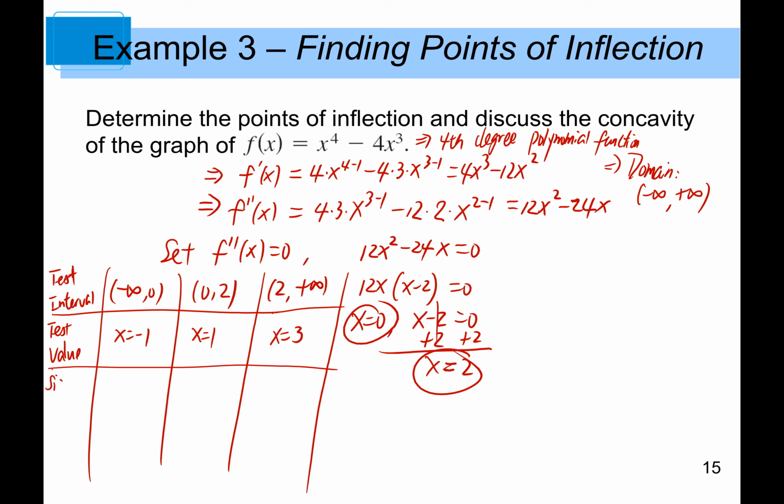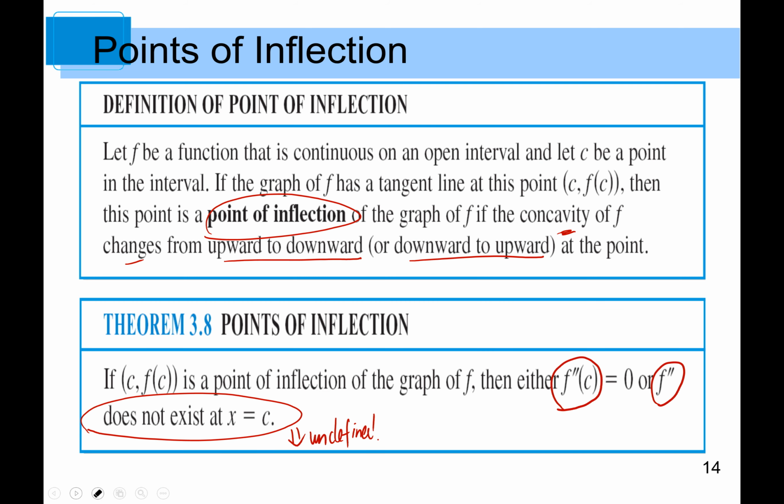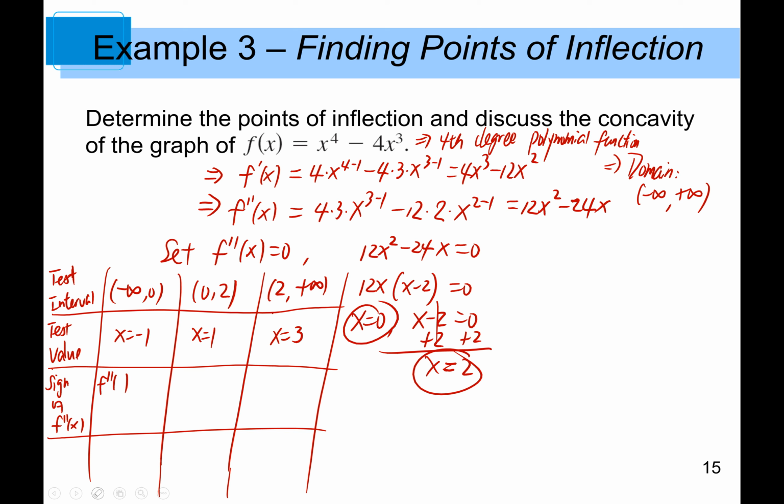Then we determine the sign of f double prime of x. So f double prime of negative 1 gives us 12 times negative 1 squared minus 24 times negative 1.